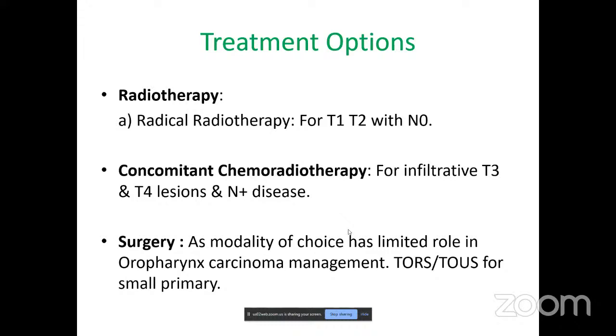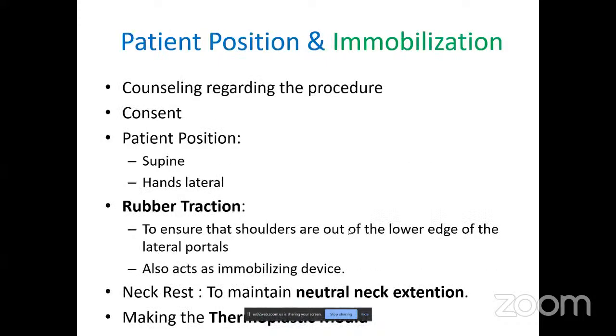Surgery has a limited role in oropharyngeal carcinomas, apart from very early small primary lesions, where transoral robotic surgery or ultrasound surgery is feasible. I'm not going to discuss transoral surgeries today or adjuvant radiotherapy in oropharynx today.